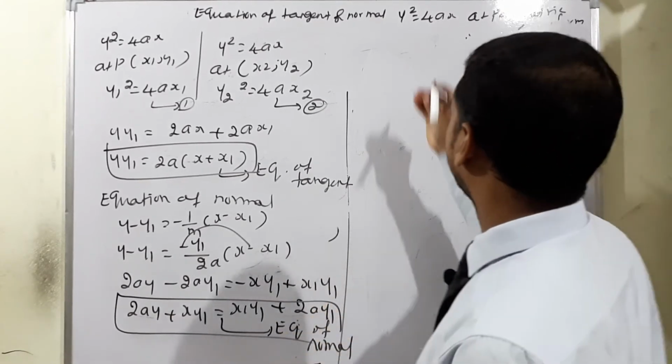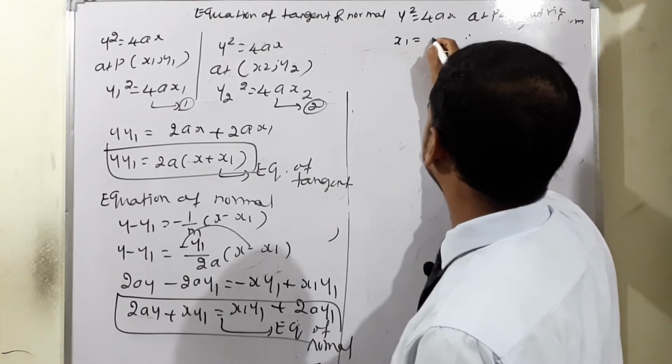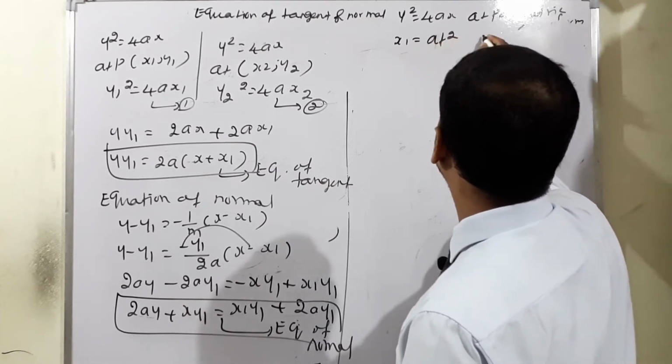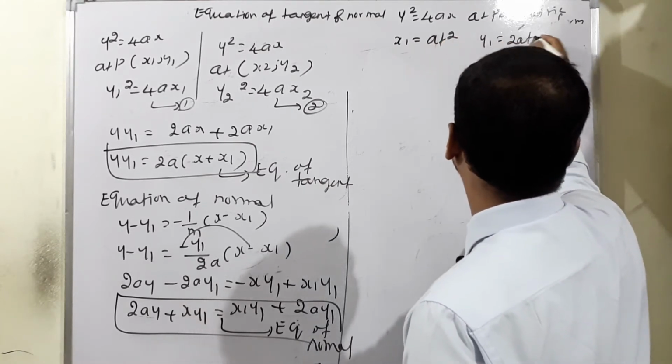The main condition, what is the point? Actually, x1 is equal to at square as well as y1 is equal to 2at, isn't it?